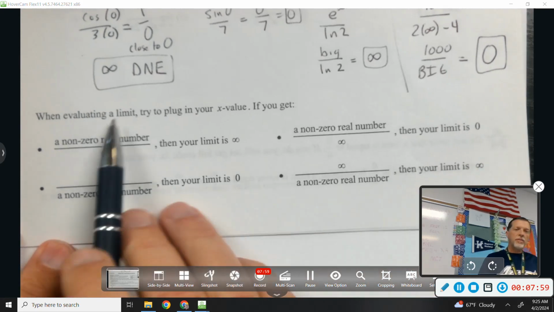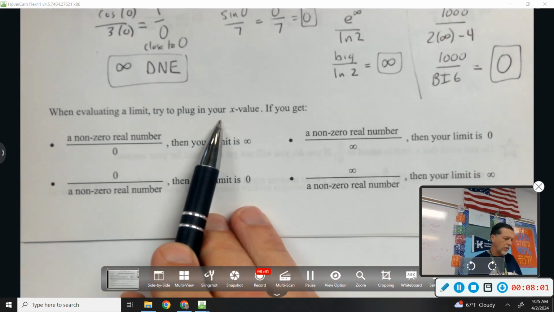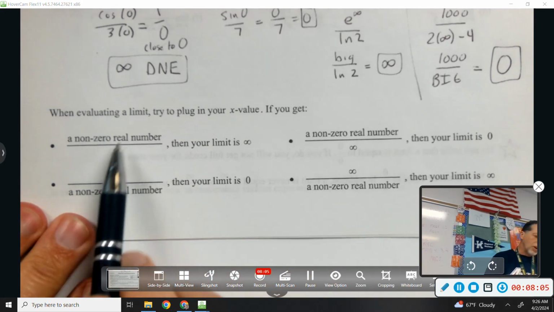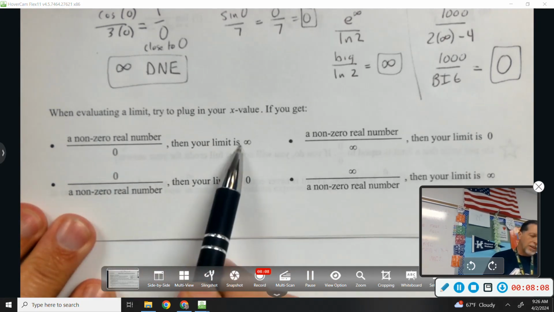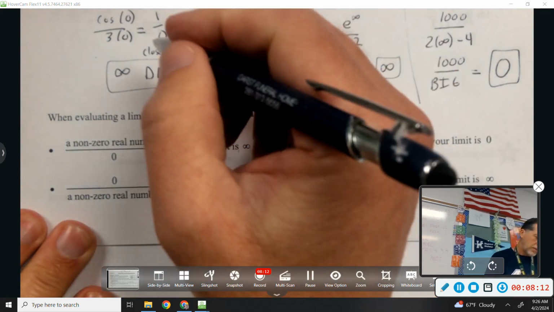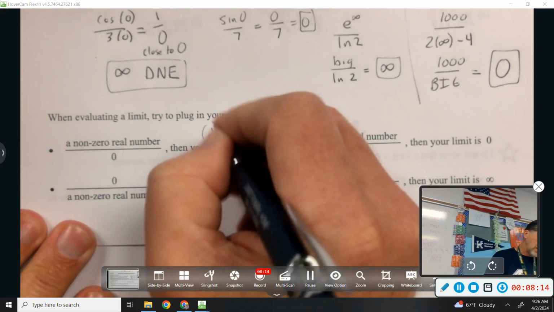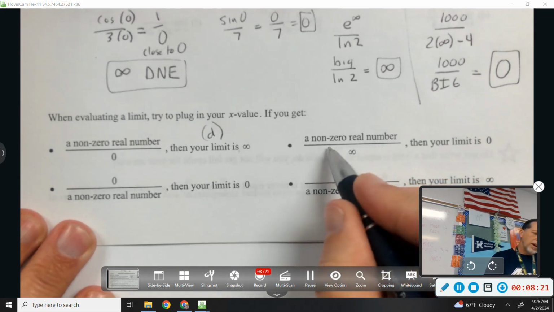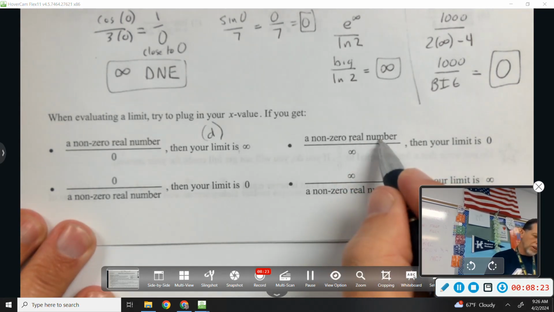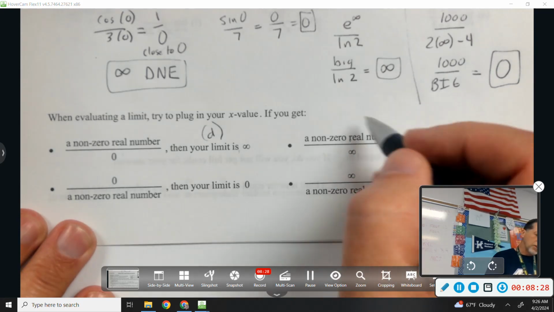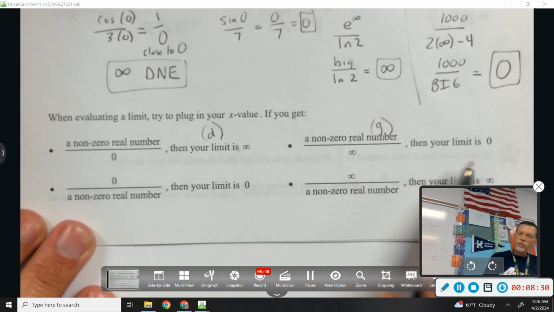Okay, when evaluating a limit, try to plug in the x value. If you get something real over 0, then your limit is infinity. That happened. That was D. If you get a non-zero real number over infinity, so 1,000 divided by a really big number, this was G, then your limit is 0.